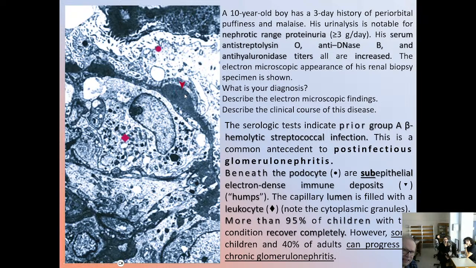However, in this case, with this arrow, I think that this is the lumen. Let me check. Yes, it's the capillary lumen. And I thought that this immune deposit is close to the lumen. That's why I told you it was subendothelial. So I wasn't totally wrong. Because look, this is the lumen, okay? And it is filled with a leukocyte.